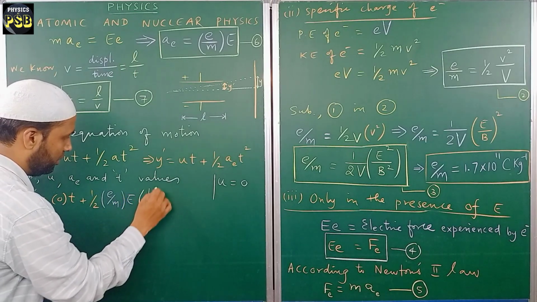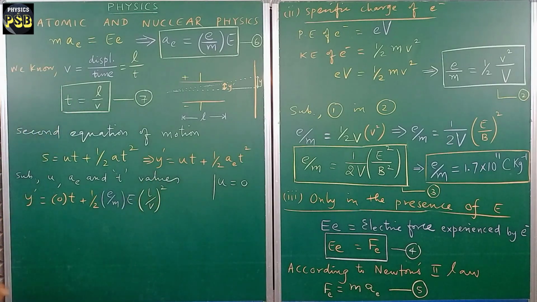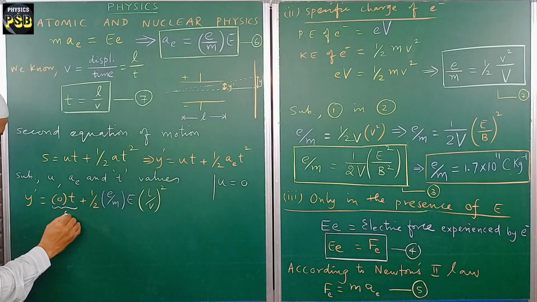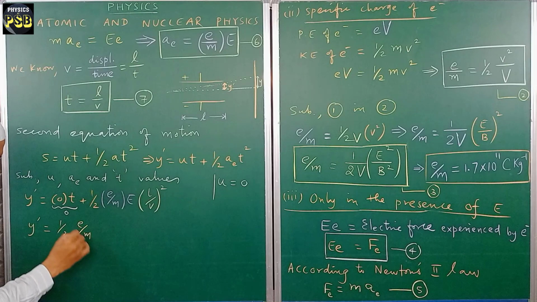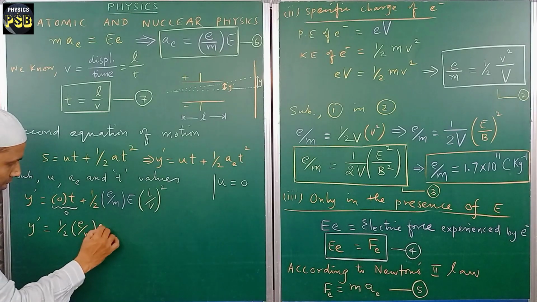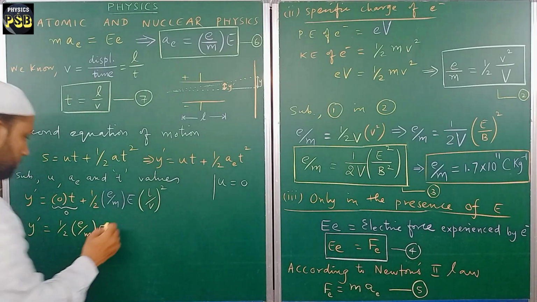L upon v whole square. Okay, this is what we obtain here. Here, this whole term becomes 0, so it can be neglected, it can be removed. You have to mention that in the next step. So y dash equals half E upon m multiplied with capital E.